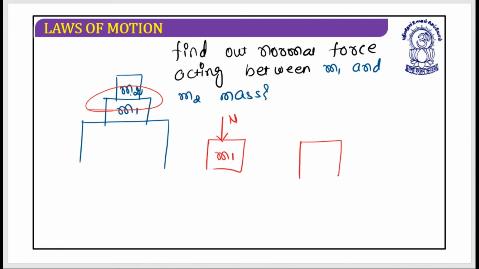And if I consider the situation of M2, then again it's a push kind of force, but that force will be applied by the body M1. So this is the direction of the normal force acted by M1 and M2. Is it clear? Are you sure? Okay, great.